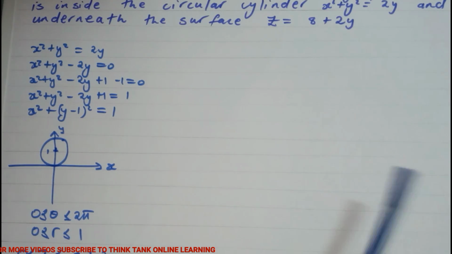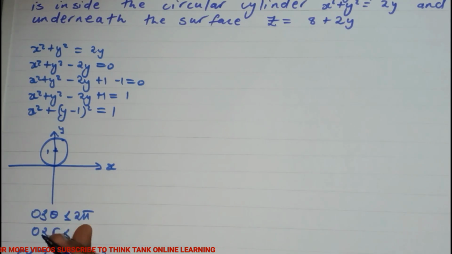If we want to use a triple integral, we put the limits for z, and it's just the same thing. Let's say we use the double integral first with cylindrical coordinates.